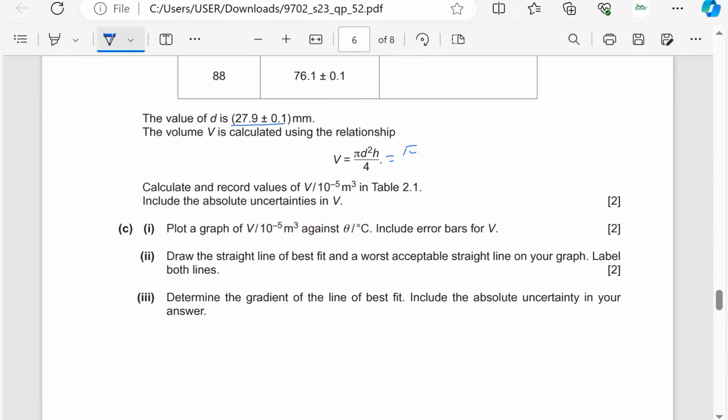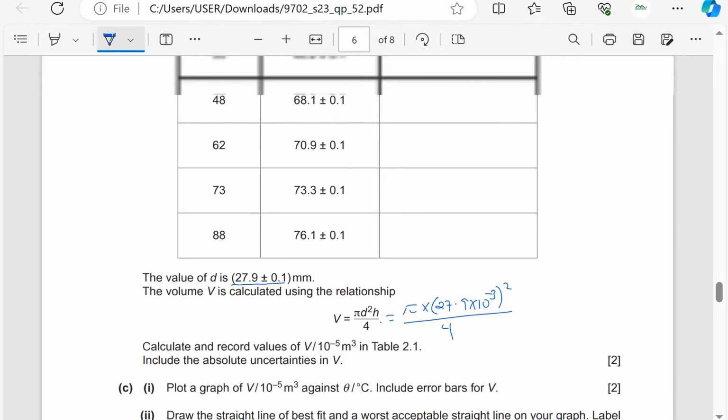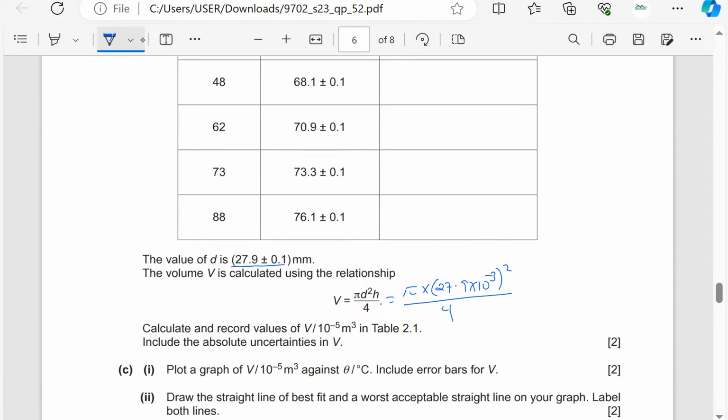So this is going to be pi times 27.9 times 10 to the power of minus 3, but this should be squared, divided by 4. Then h was in millimeters, so times h, which should always be changed to meters. So this will be times the value of h multiplied by 10 to the power of minus 3 to change it to meters.